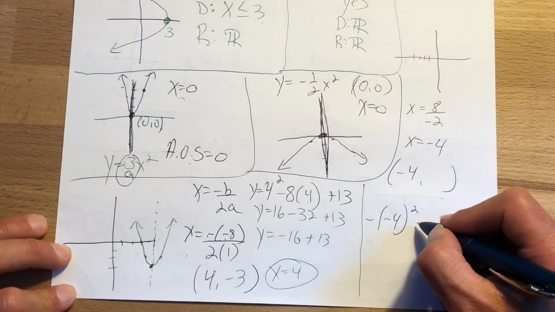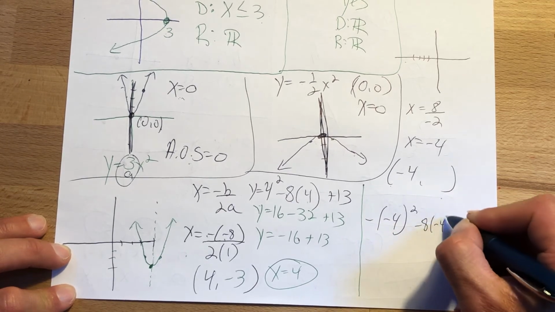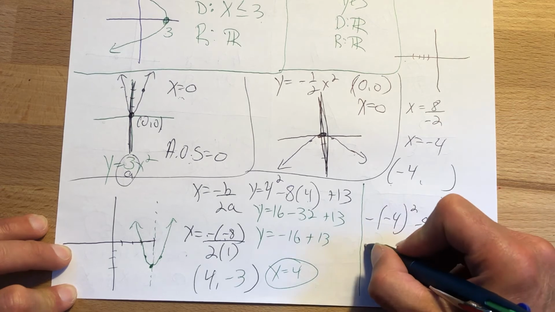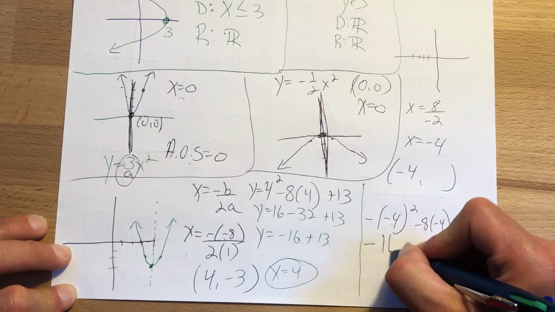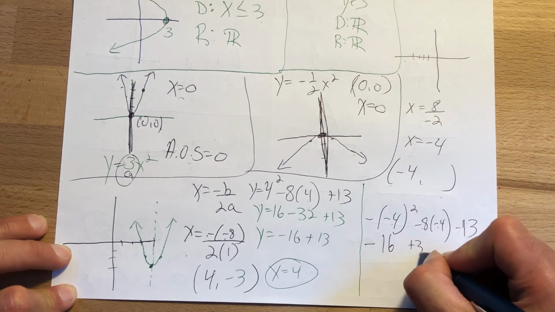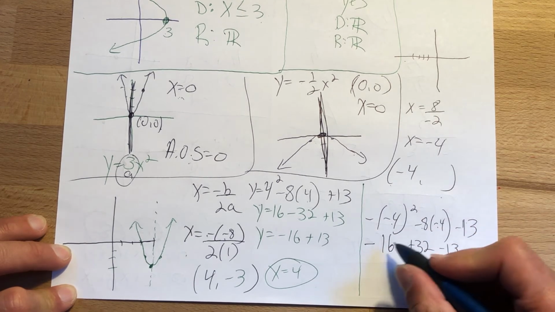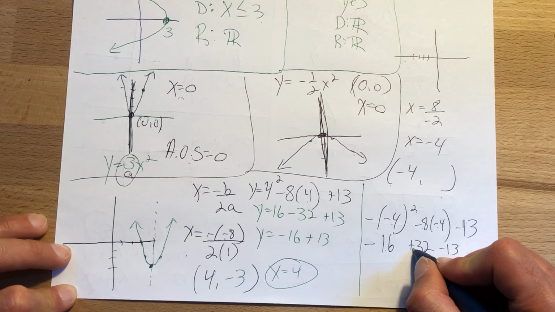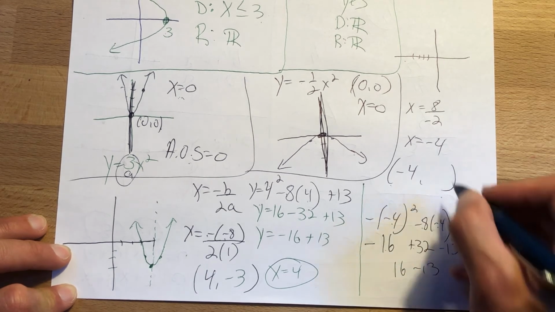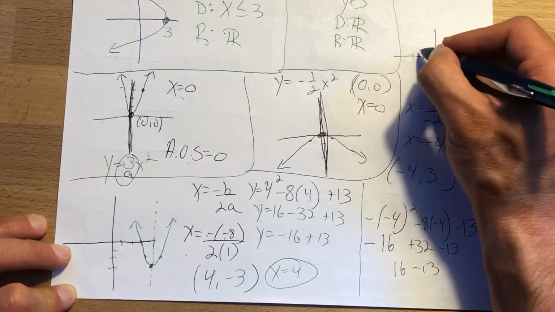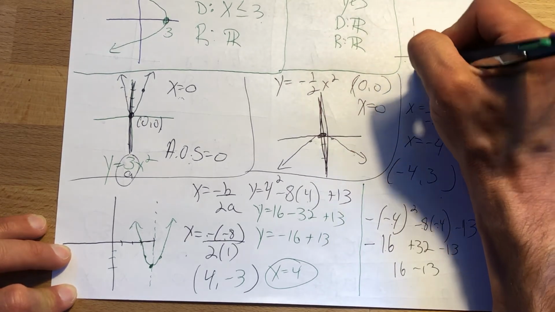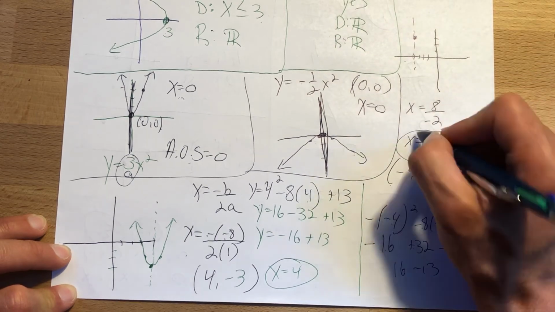Negative 4 squared minus 8 times negative 4 minus 13. This is going to give me negative 4 squared is 16. Negative 8 times negative 4 is positive 32 minus 13. Negative 16 and a positive 32 is a positive 16 minus 13, which is 3. Negative 4, 3. Your axis of symmetry is x equals negative 4.